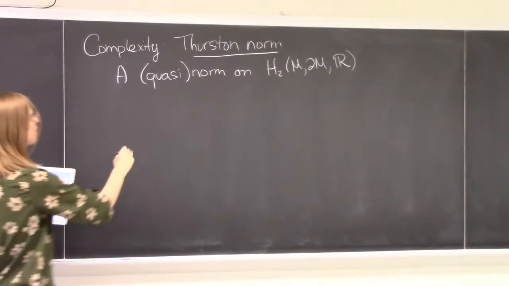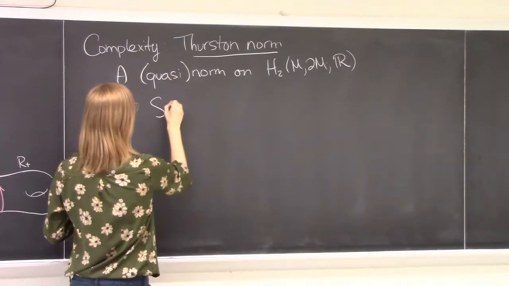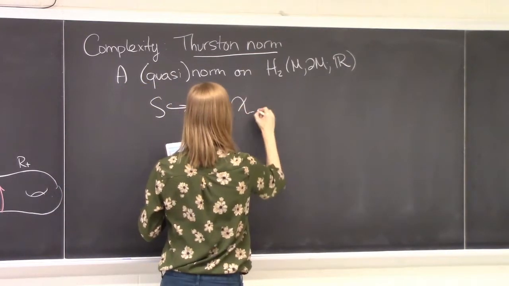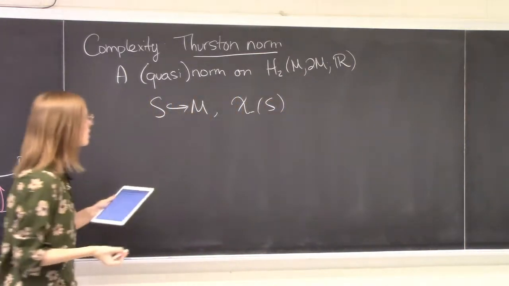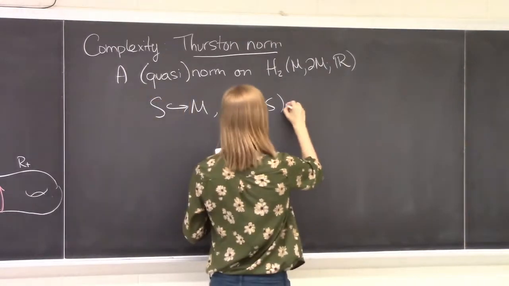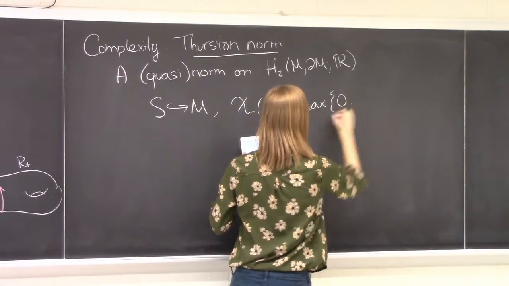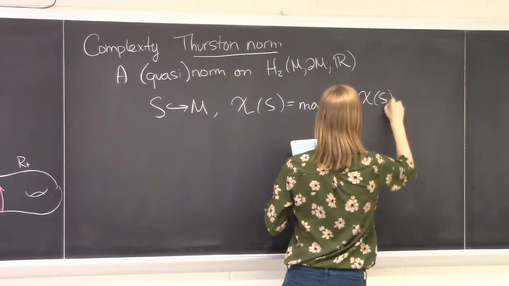And we define this by first defining, for any surface embedded in our three manifold, the negative Euler characteristic, or chi minus, of our surface, namely the maximum of 0 and negative the Euler characteristic.